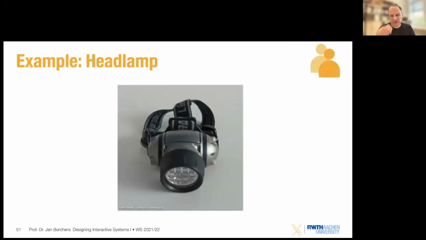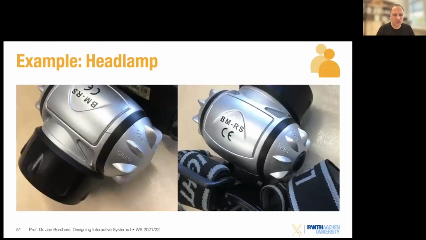Here's an example. This is a headlamp that I picked up for rock climbing. And I thought this was pretty nifty. And I figured, okay, so the way to turn this on is obviously to turn these little flaps on the side, right? You see them on the right-hand side, because if you turn it on this way, this looks like you need to turn it that way. But if you look closely, actually, that's not what you want to do.